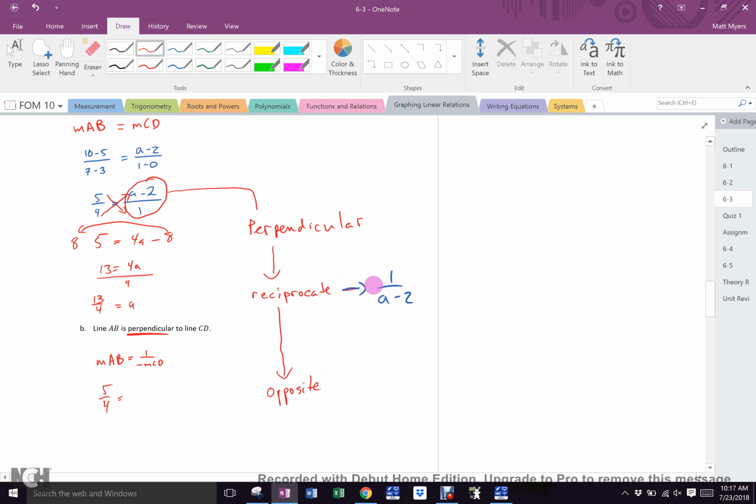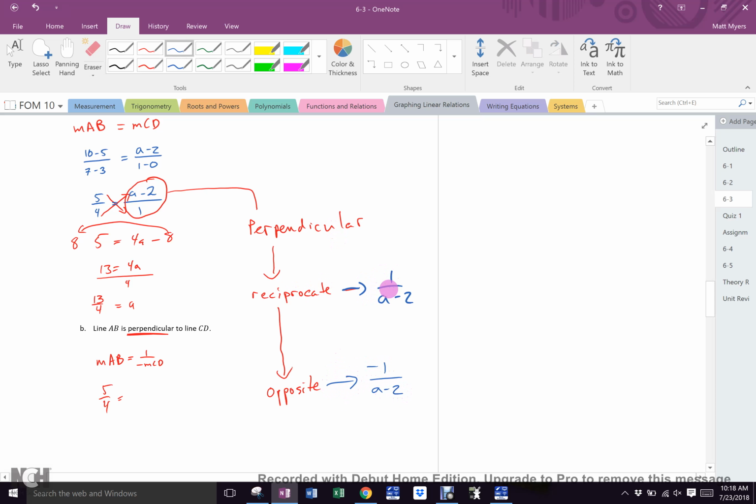So what has to change? Right now, is this positive or negative? What sign is in front of that? Positive, and that's positive, right? So as long as I put a negative anywhere in there, am I going to be good? So the easiest way, I think, to make something negative is to just change the numerator.